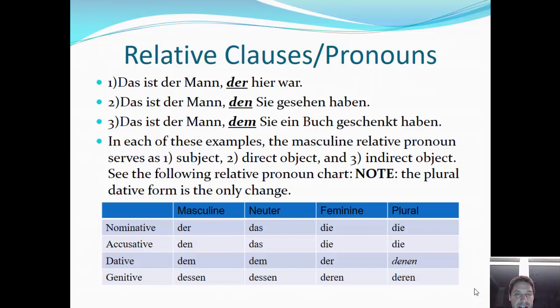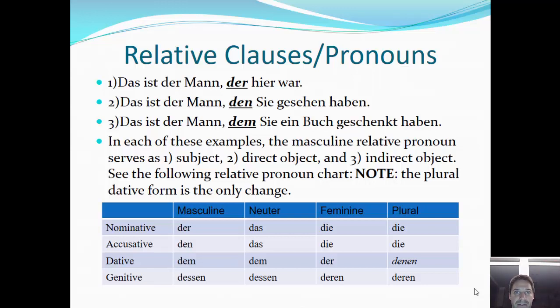When you look at the clauses, der hier war, den Sie gesehen haben, dem Sie ein Buch geschenkt haben, there's a trick to figure out what the gender is going to be. You could almost rewrite that clause on the side if you need to write it out.